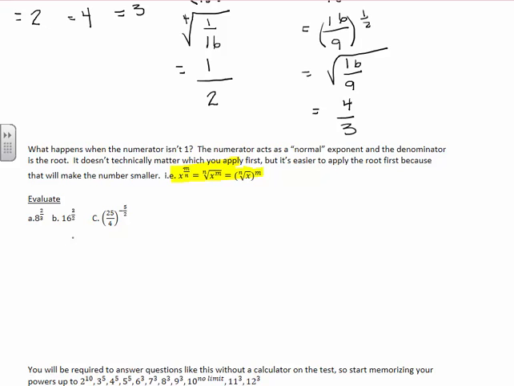Let me just show you here with this 8 to 2/3. Let's just elaborate on this example here. So if I had 8 to 2/3, I could also write this as 8 to the power of 2, power to a power, and the 1/3.